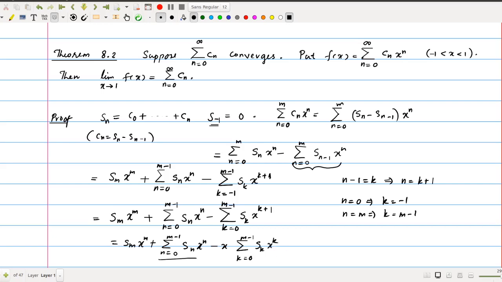Okay, now these two summations can be grouped. This is from n equal to 0 to m minus 1, and this is the summation from k equal to 0 to m minus 1, and you can replace this k with n. Then you will get S_m x^m as the first term, and the second sum will be n equal to 0 to m minus 1, S_n x^n, minus x times the summation.